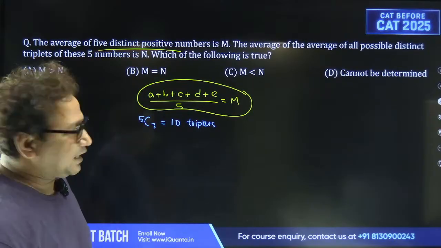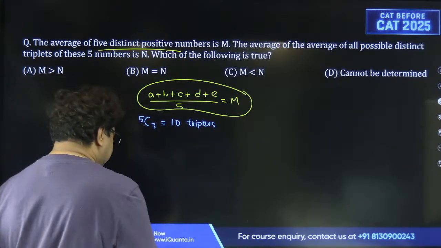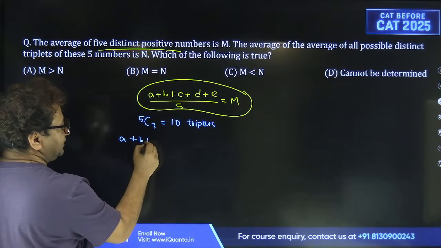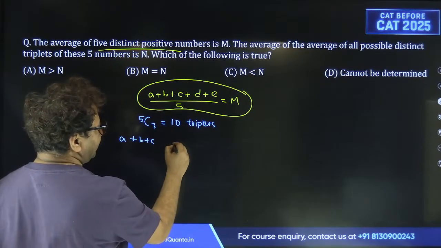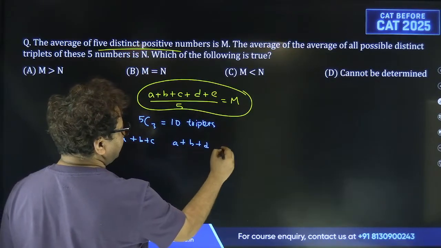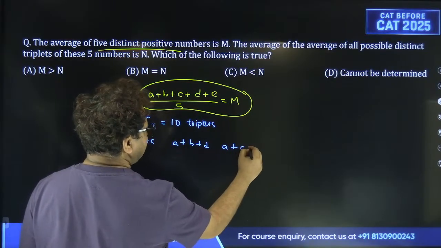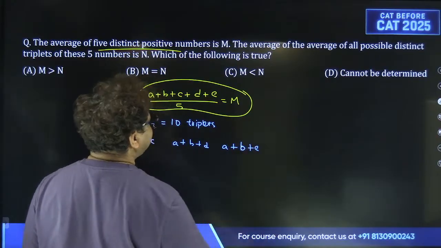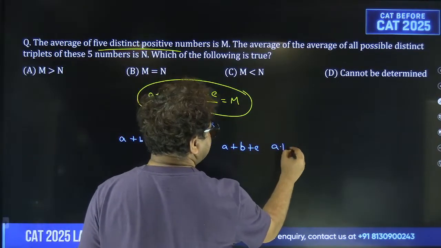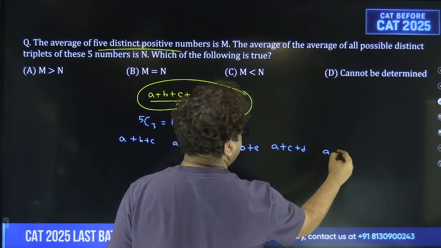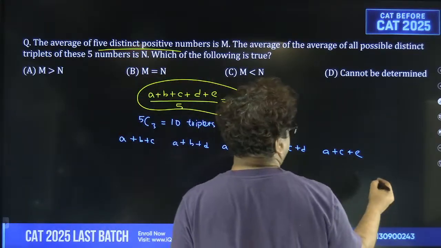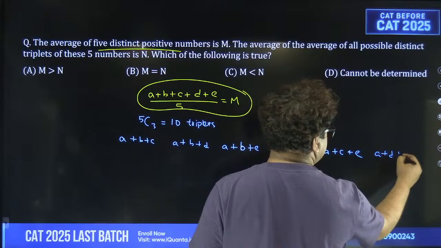So what those 10 triplets will be: A plus B plus C is one of them. Then we have A plus B plus D. Then we have A plus B plus E. Then I have A plus C plus D. Then I have A plus C plus E. Then I have A plus D plus E.